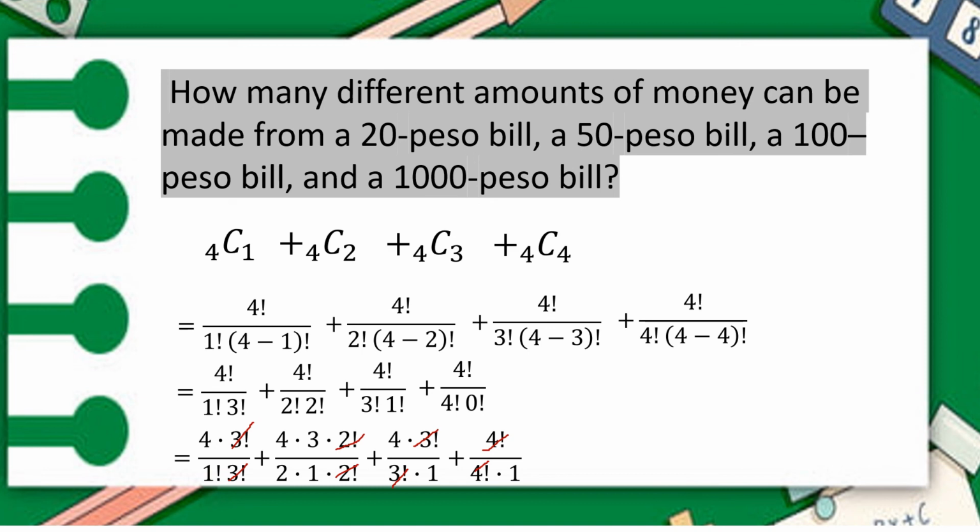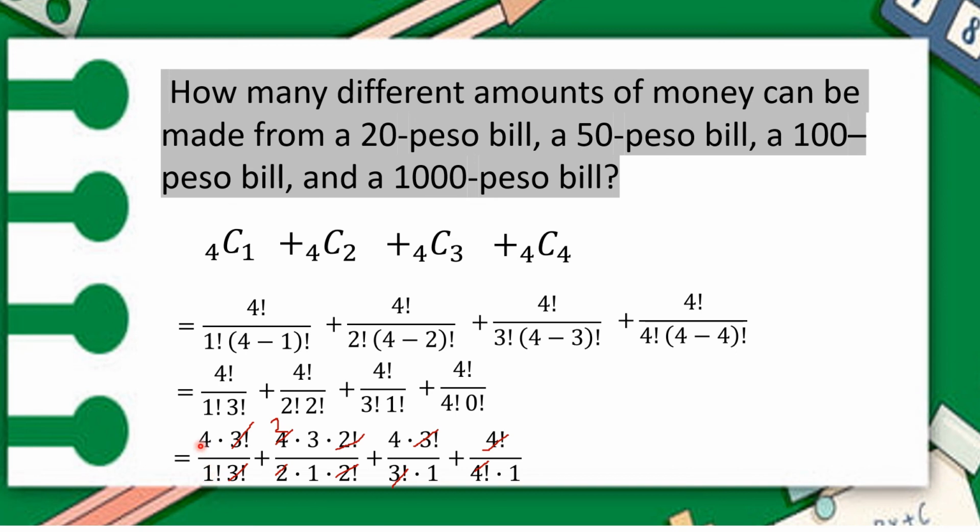Tapos, pwede pa tayong mag-cancel dito sa 4 over 2. So, 4 divided by 2, pwede i-cancel yan. Pero sa 4, may matitirang 2 dito. So, it means, pwede na tayong mag-solve.